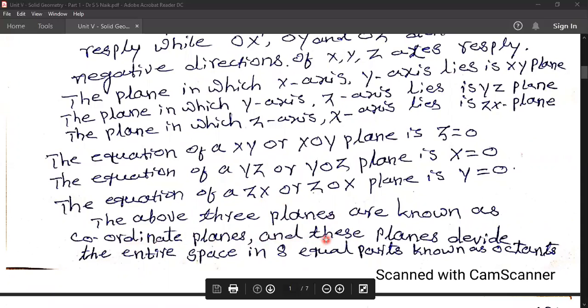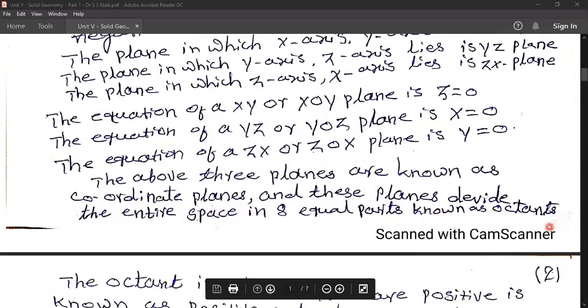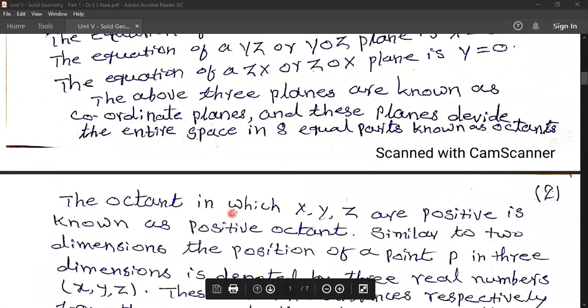These planes divide the entire space into 8 equal parts known as octants. The octant in which x, y, z are all positive is known as the positive octant, similar to two dimensions.